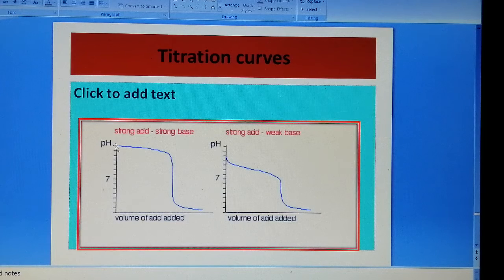You see the pH at 0 volume is 14. That means it is a strong base, and here the volume of acid is added. The curve will go like this, and in the middle of this straight line we have the equivalence point. For a strong acid, strong base, the equivalence point comes at 7.